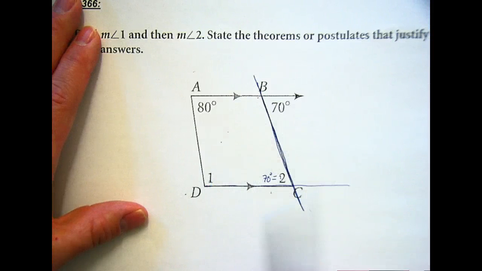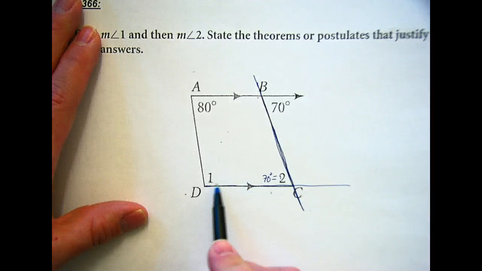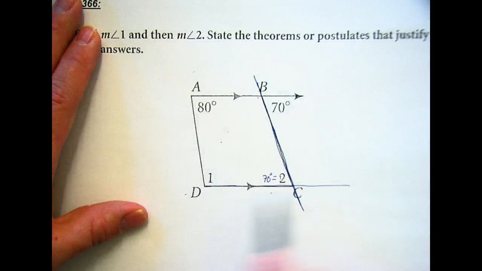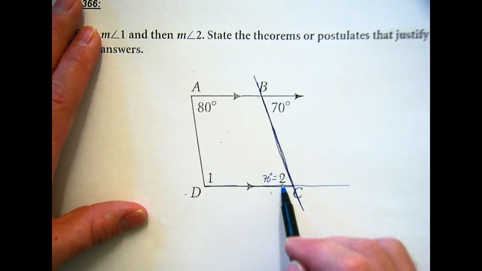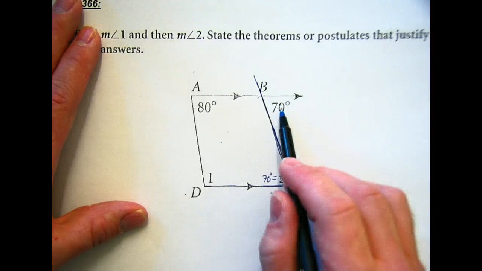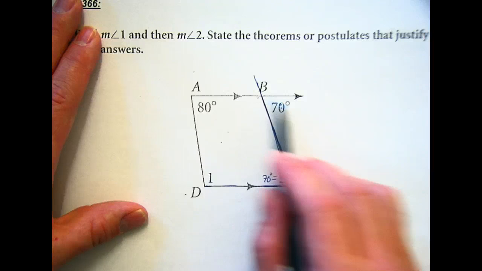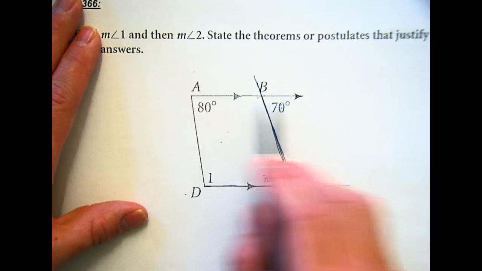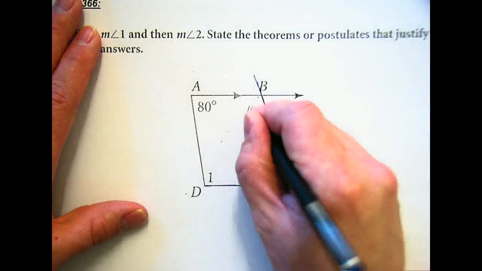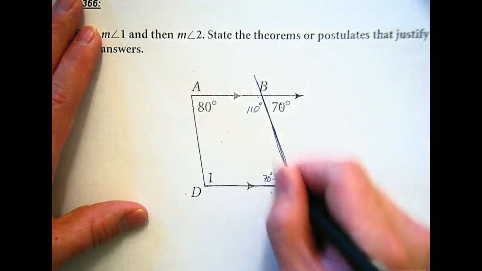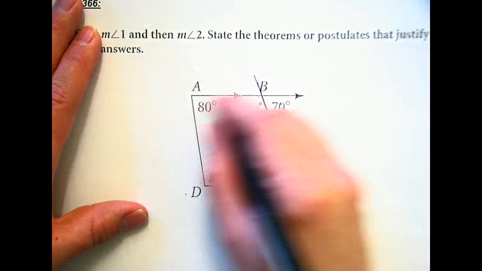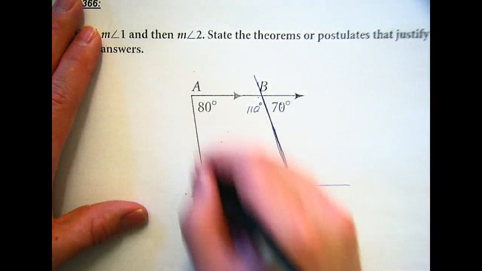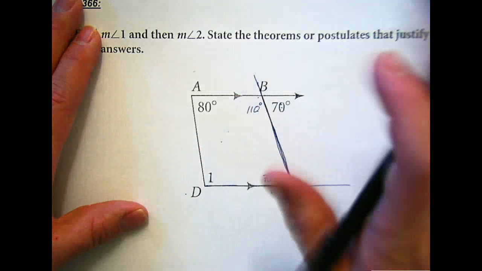Now, we could figure out this one, right? Because we could figure out all these angles here. If this is 70 and this is 70, what's that make this? That has to be supplementary. 110. And if this is 70 and 110 and 80, what do the angles of a quadrilateral have to add up to? 360. So that's one way to go about it.